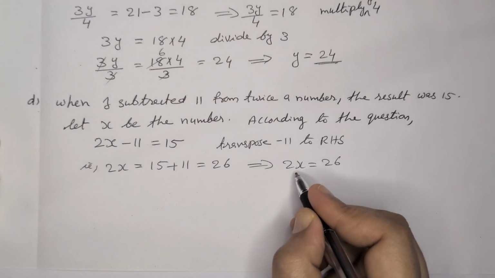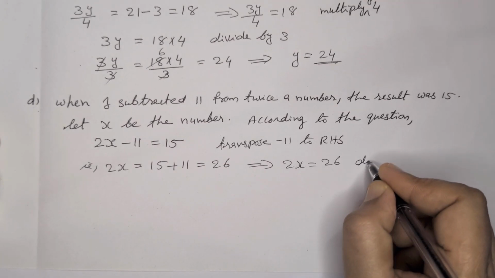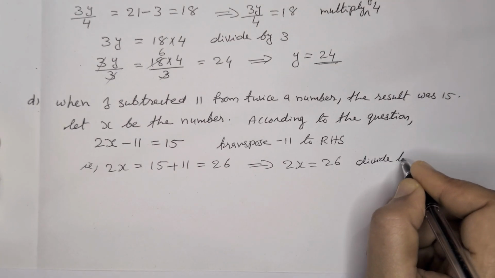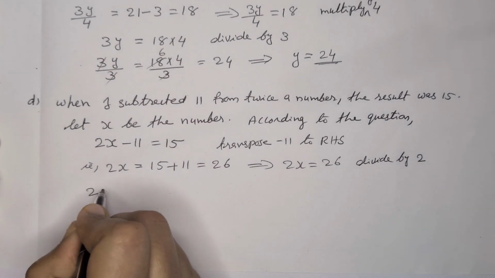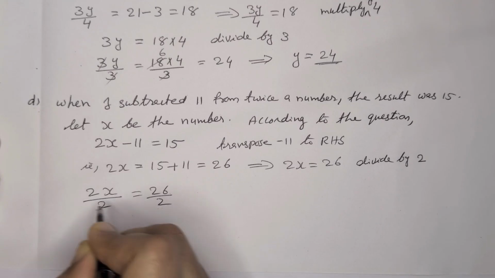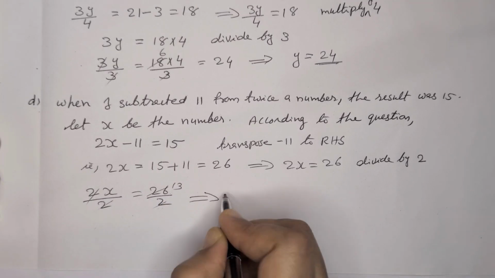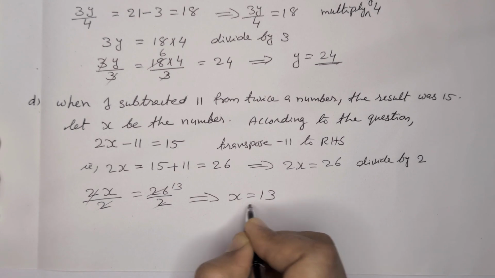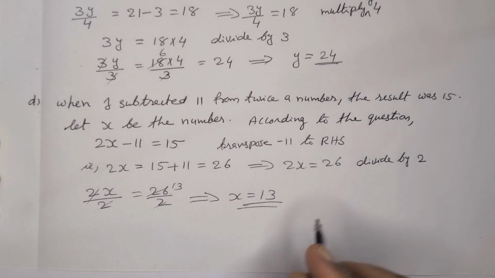Now what to do? Remove this 2. For that, divide by 2 on both sides of the equation. When we are dividing, 2x by 2 is equal to 26 by 2. 2 will cancel, here 13, which implies x is equal to 13. So the number is equal to 13.